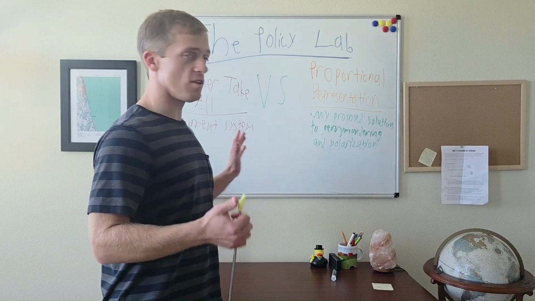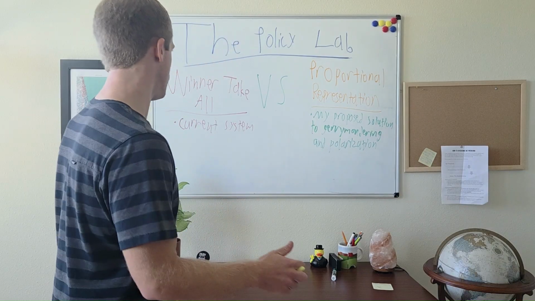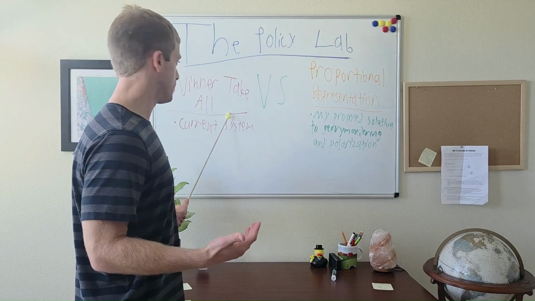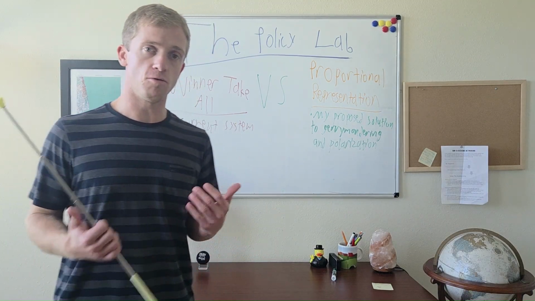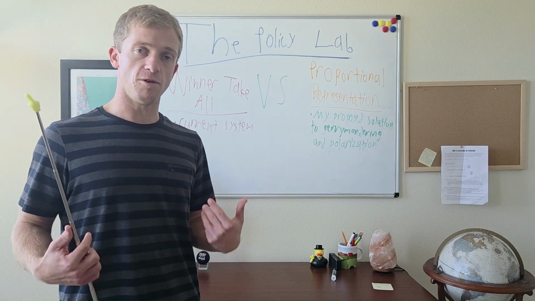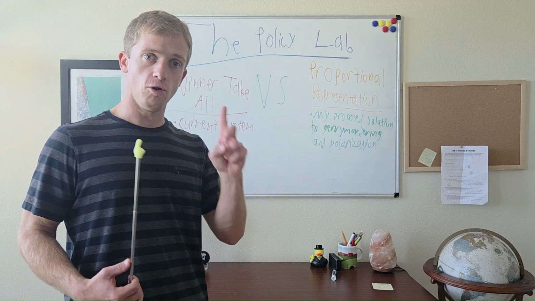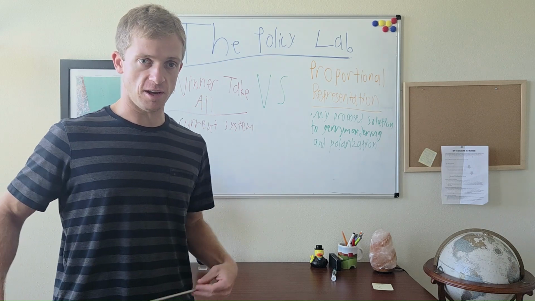So let me just give you a quick overview and then we'll go over some PowerPoint slides. So right now the US has a winner-take-all system. What that means is if you run for Congress or even for a state general assembly race or even local government races, there's only one winner in almost every race you see.